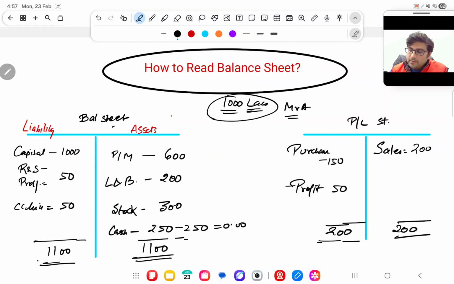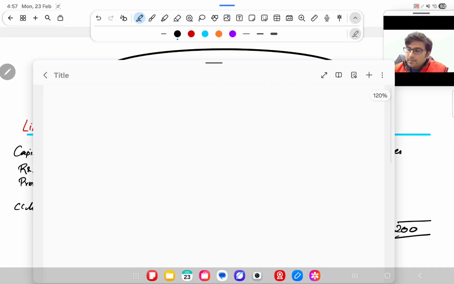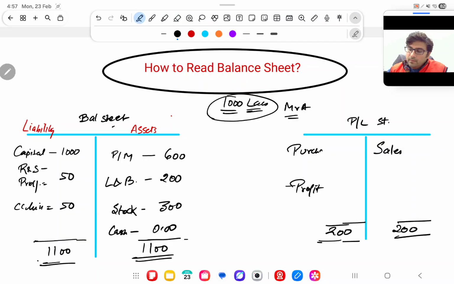This will keep it as 0 because the cash balance is 0 now. Now what the company has done, the company has sold goods worth 200. So stock will reduce. 300 minus 200, 100 is left.